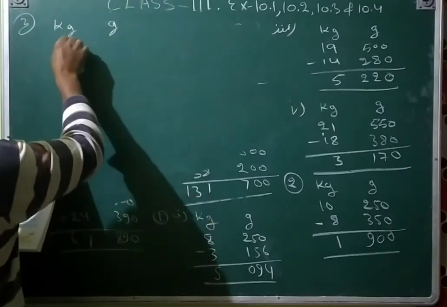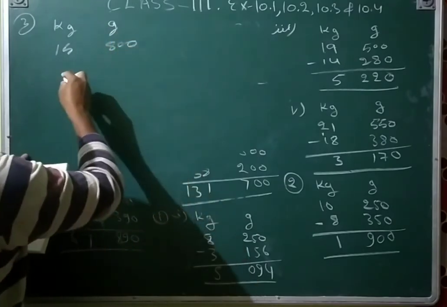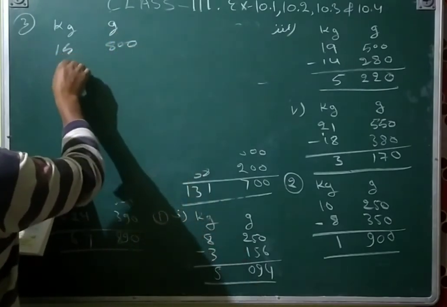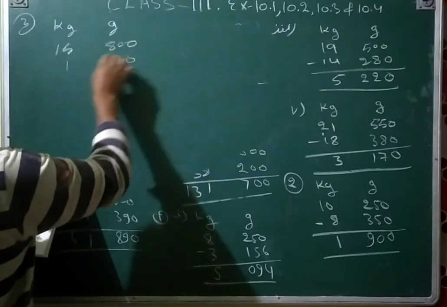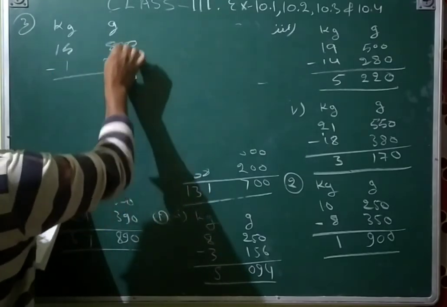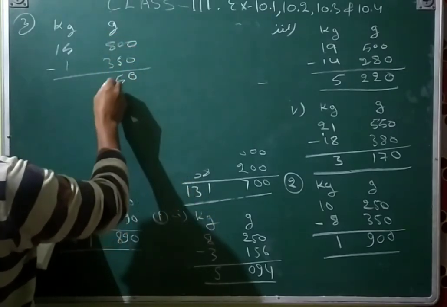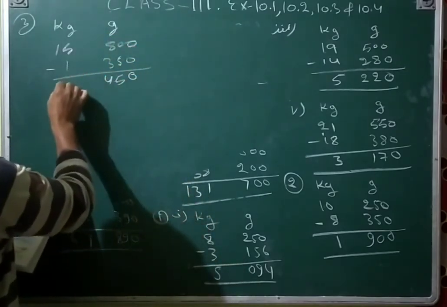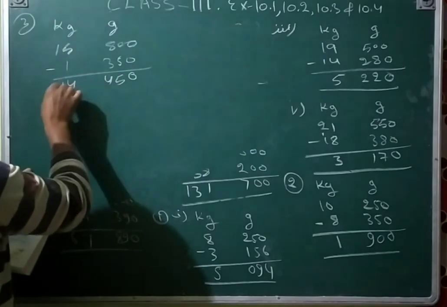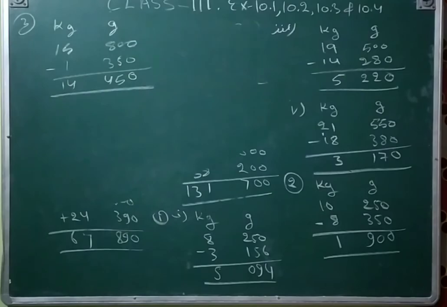The total weight is 15 kg 800 gram and the tin weight is 1 kg 350 gram. So the weight of the oil: minus 0, 10 less 5 is 5, then 7 less 3 is 4, and then 5 less 1 is 4. 14 kg 450 gram. Okay.